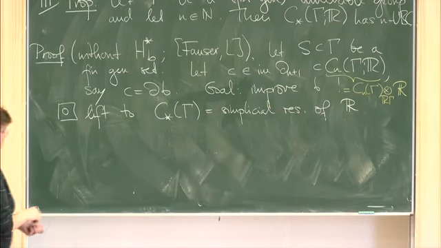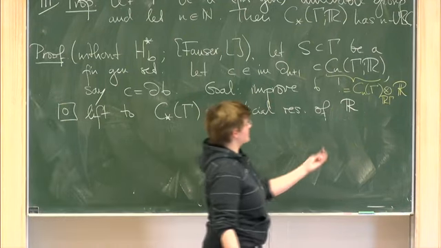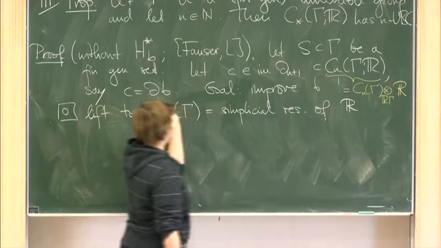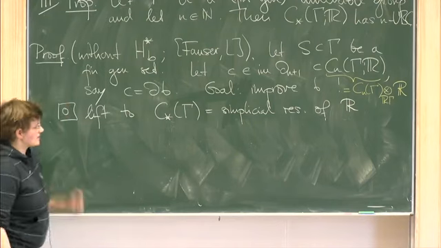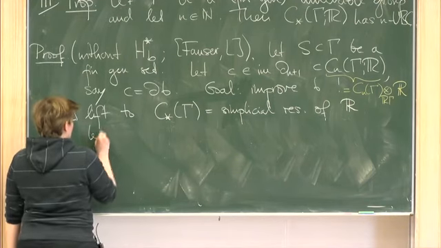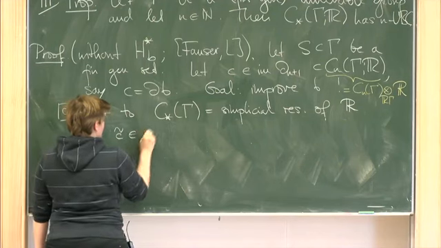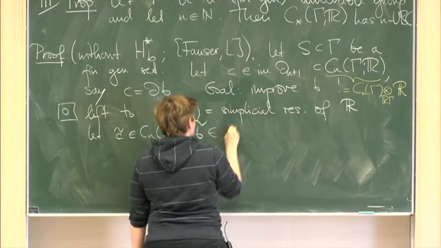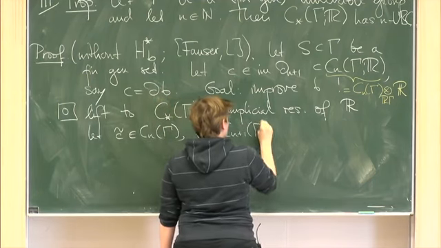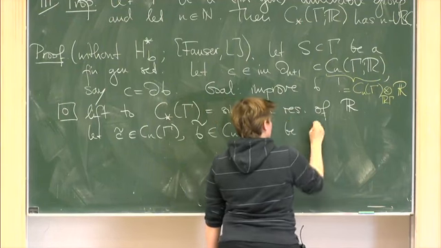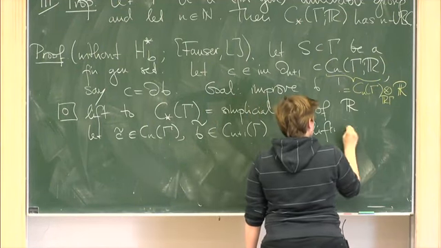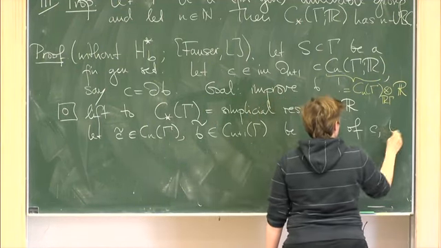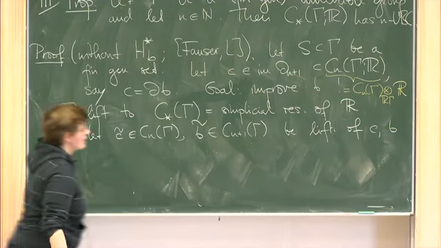So by definition, we can lift C and B to this Cn. So let C tilde in Cn gamma and B tilde in Cn plus 1 gamma be lifts of C and B.